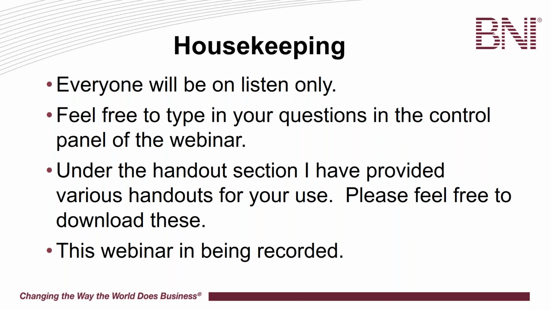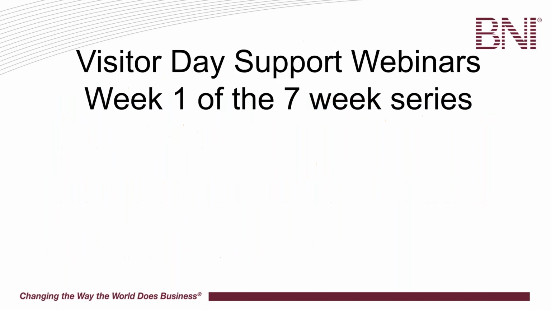With that email, there will also be the attachments that correspond with the week they're on. So we're really trying to make this a lot more simple for our members to participate and engage in the Visitor Day process. As I mentioned, today we are specifically focusing on week 1 of the 7-week series.